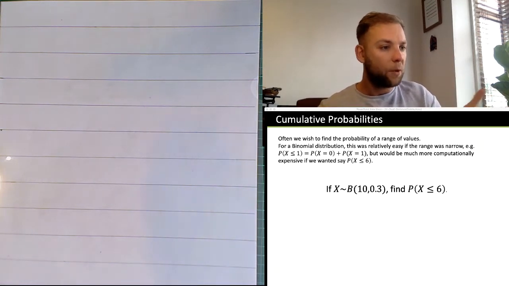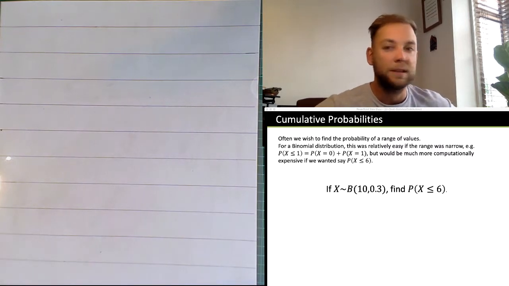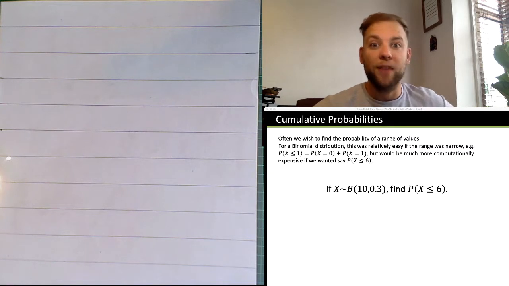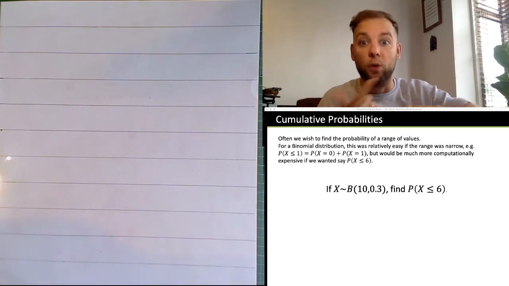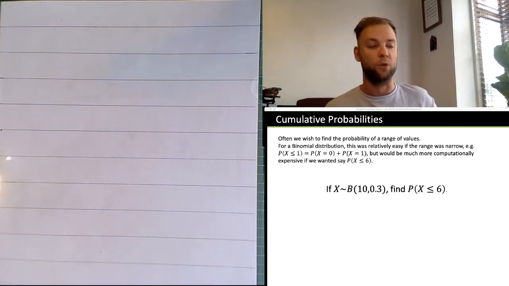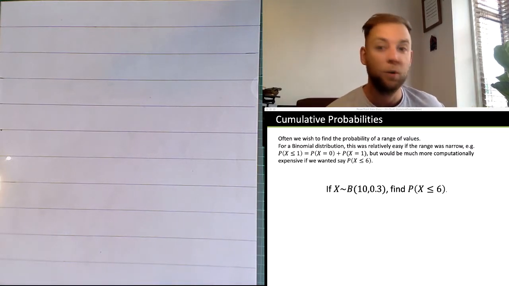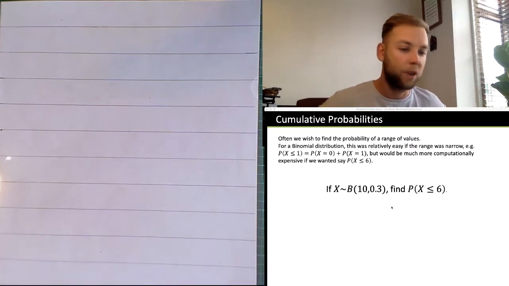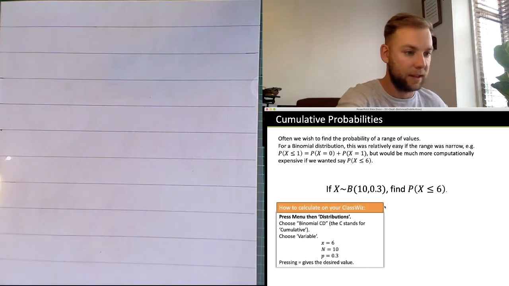But if we wanted to do, let's say, the probability of our random variable being less than or equal to 6, you'd have to work out 0, 1, 2, 3, 4, 5, and 6. There's 7 different things you've got to work out there, including 0, which, if you're doing them all individually, is going to take a long time, but we have got the calculator to help us with that. So let's have a little look at this.